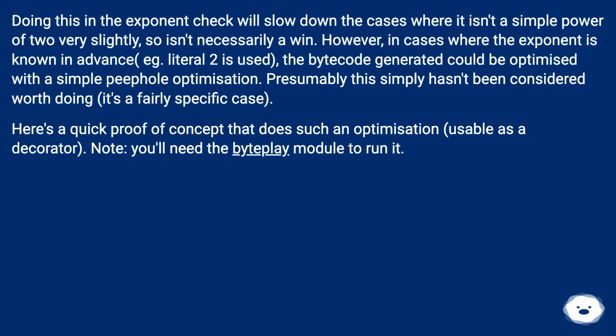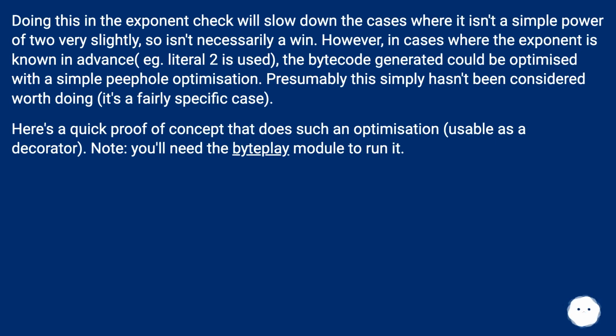However, in cases where the exponent is known in advance, e.g. a literal 2 is used, the bytecode generated could be optimized with a simple peephole optimization. Presumably this simply hasn't been considered worth doing, it's a fairly specific case. Here's a quick proof of concept that does such an optimization, usable as a decorator.